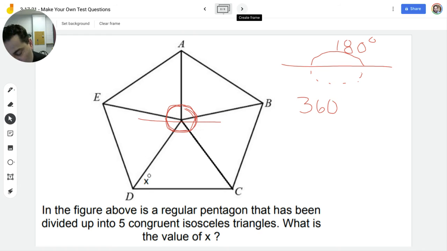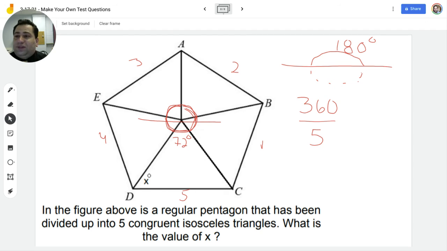And I have 1, 2, 3, 4, 5 of them. And they're all equal. So what I can do is I can take 360 and divide by 5 to get the measure of one of the angles. So the measure of one is going to be 72 degrees.